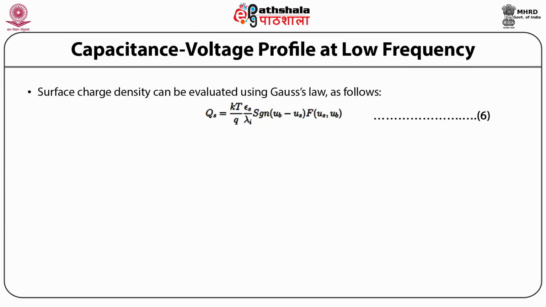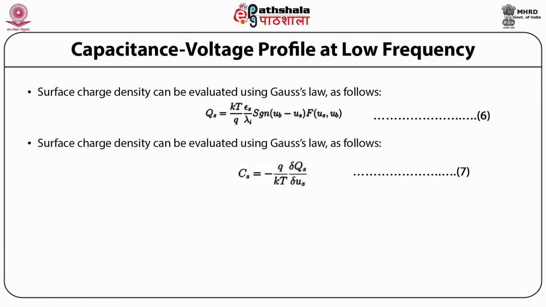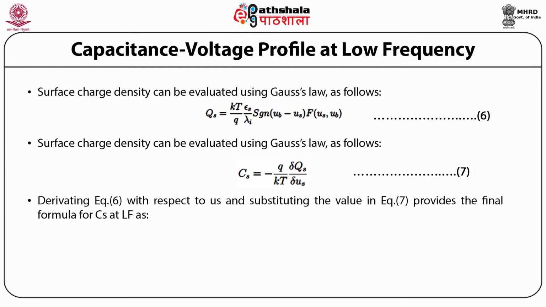The differential capacitance of surface is defined as Cs = −q/kT × ∂Qs/∂US. Now differentiating the above equation for Qs with respect to US and substituting in the expression for differential capacitance of surface, we will obtain the final formula for Cs, that is differential capacitance of surface at low frequencies, as Cs = −sign(UB − US) × εs/λI × (sinh(US) − sinh(UB))/F(US, UB).